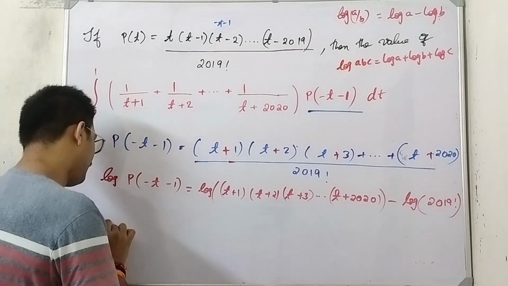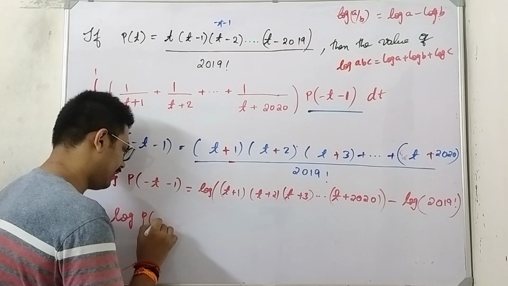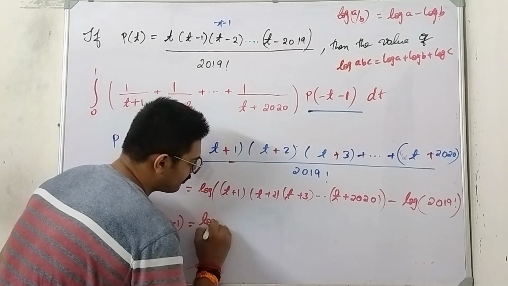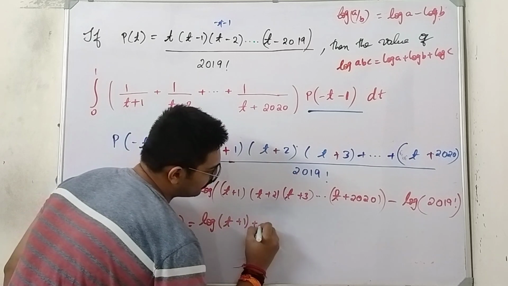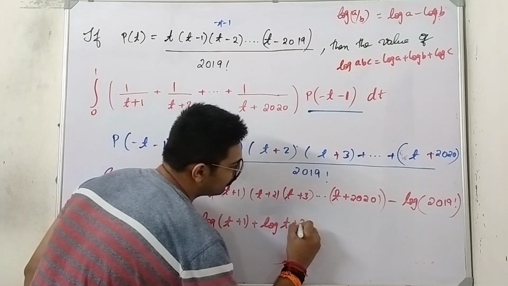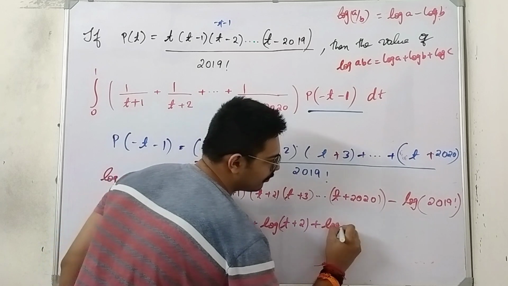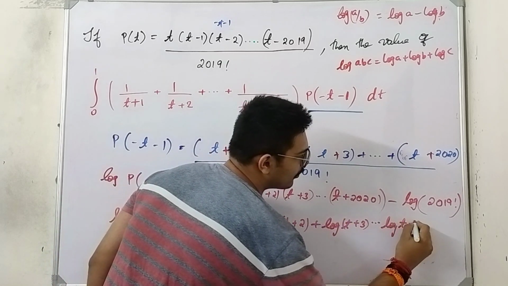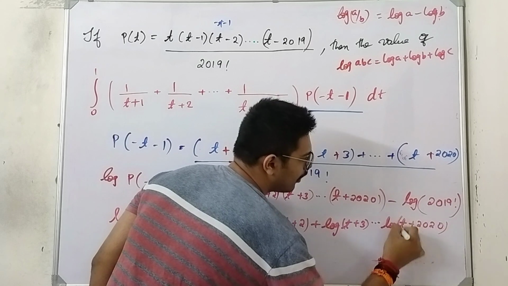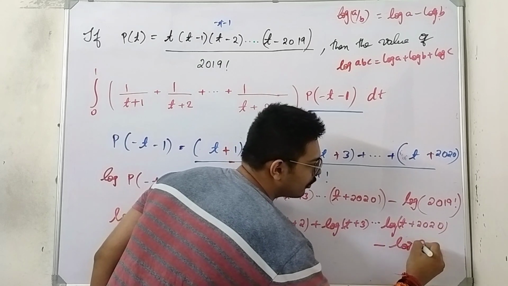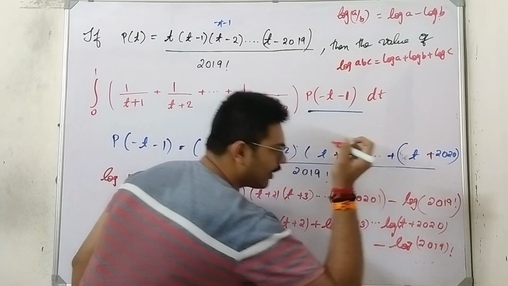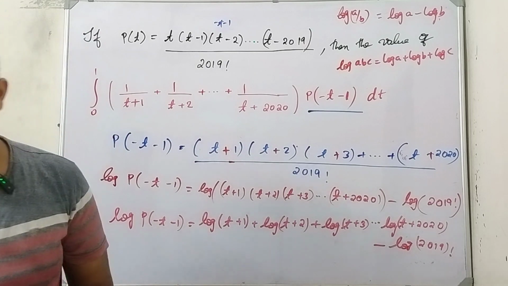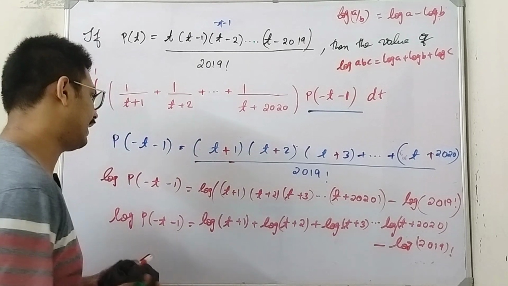Therefore, log of P of minus t minus 1 will be log of (t+1) plus log of (t+2) plus log of (t+3) plus etc. plus log of (t+2020) minus log of 2019 factorial. Now I am differentiating on both sides. We can take the derivative.